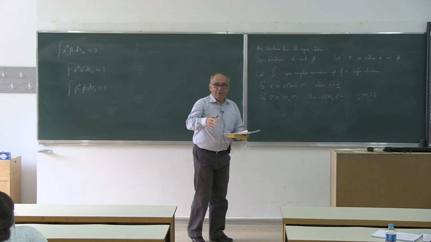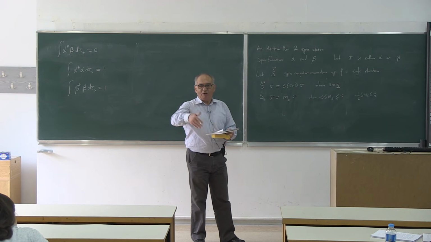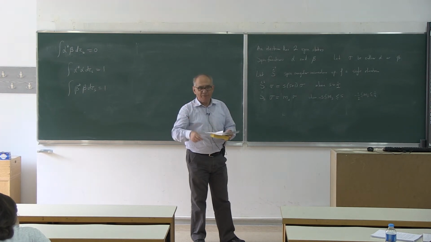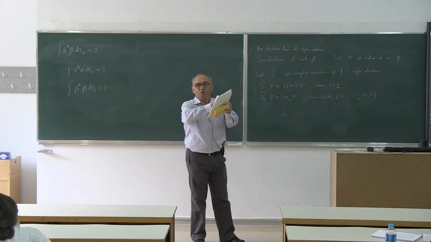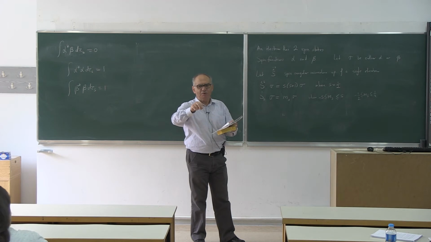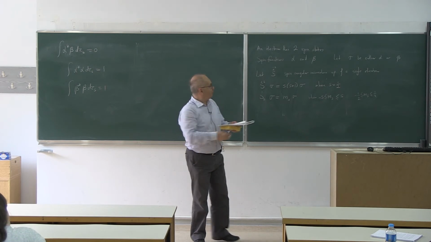Now, we continue with more than one electron. 2 electrons, 3 electrons, 5 electrons, and so on. We introduce the total spin angular momentum in exact analogy to total orbital angular momentum.